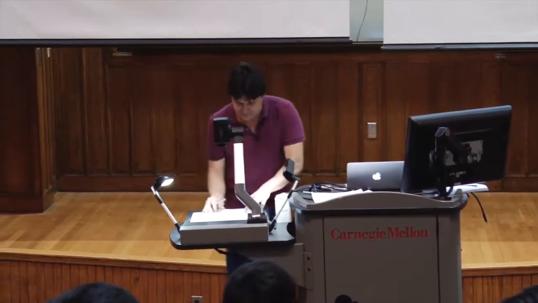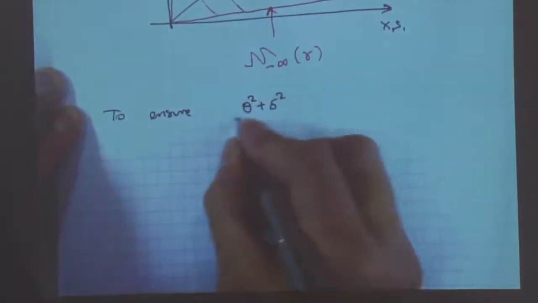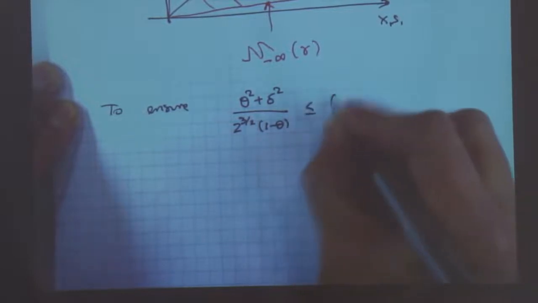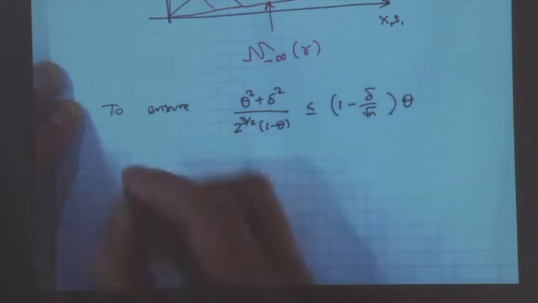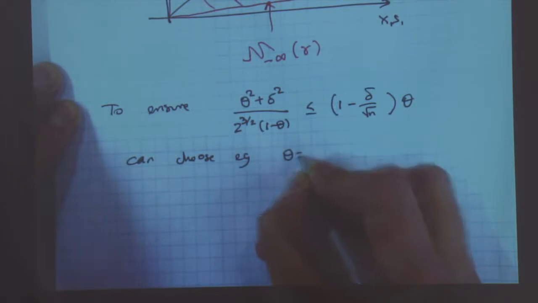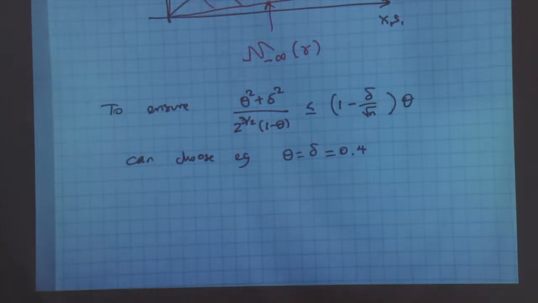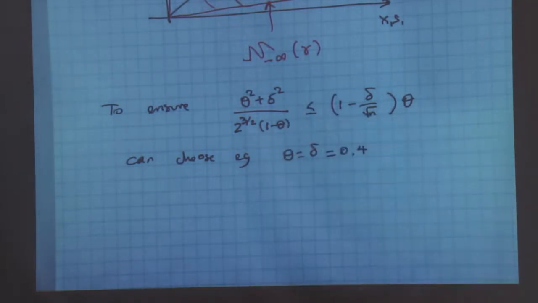To ensure the inequality that I need, that is, theta squared plus delta squared divided by this less than or equal to 1 minus delta over square root of n times theta, we can choose, for example, theta equal to delta equal to 0.4. Okay? It's clear that if both delta and theta are small enough, then this is going to hold. So, for example, 0.4 will suffice.